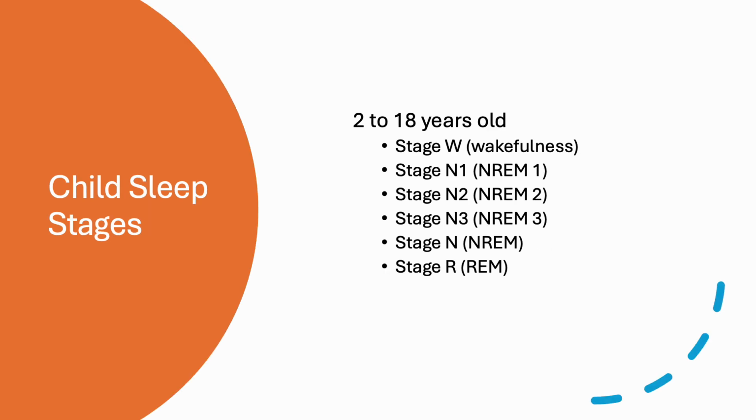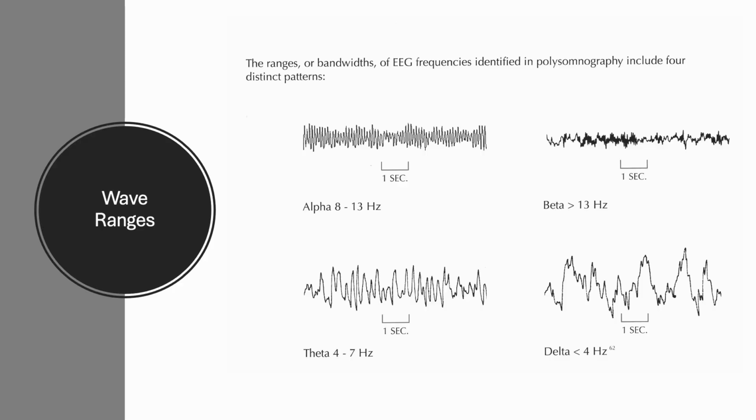For pediatric sleep staging, we have stage W for wake, stage N1 for non-REM 1, stage N2 for non-REM 2, stage N3 for non-REM 3, and stage R for REM.